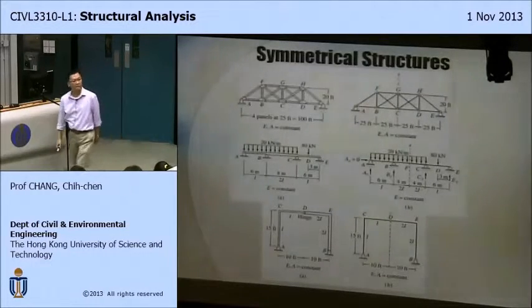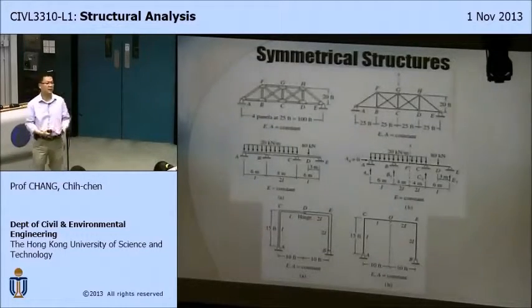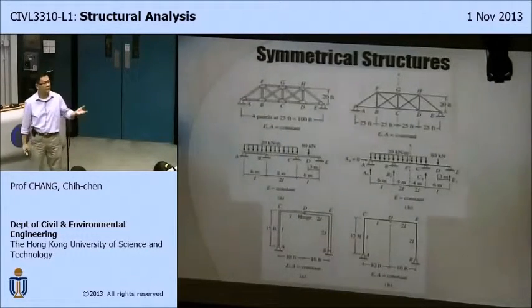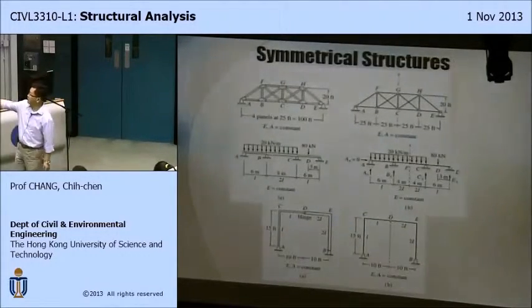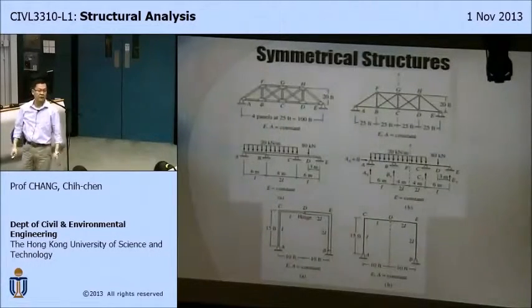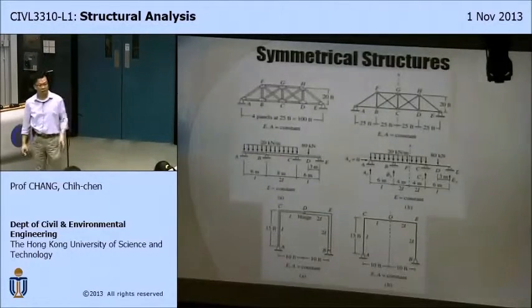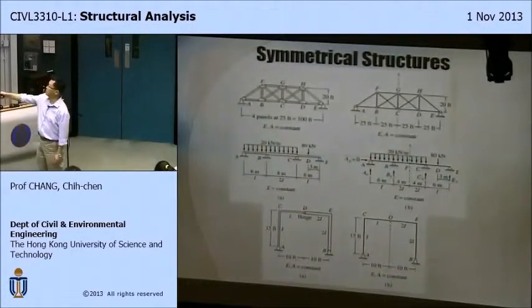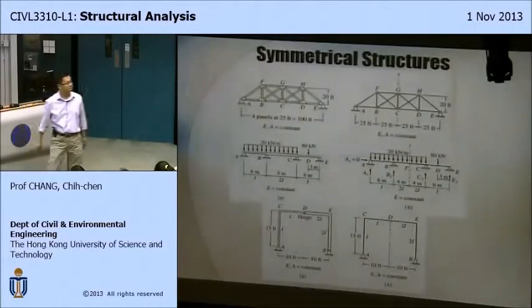However, if you anticipate that your loading does not contribute in the horizontal direction, you only have vertical loading, then whether this is a hinge or a roller doesn't really matter because horizontally there's no force. If you consider that, then you can still consider this structure a symmetrical structure.